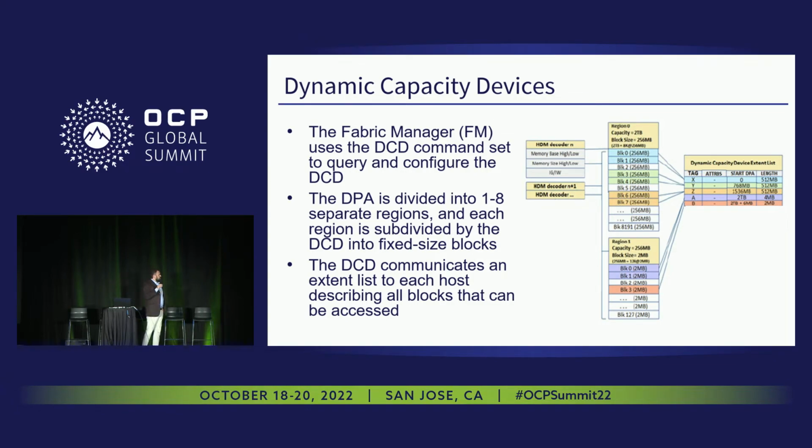And so this extent list keeps a finer grain, you can think of it as a database of which memory is assigned to which host. So even though the host has mapped in the entire range of physical media, the extent list actually maintains a level of restriction there. And that extent list is communicated to the host. So the host is aware of what memory regions within its entire mapped range that it can actually access.